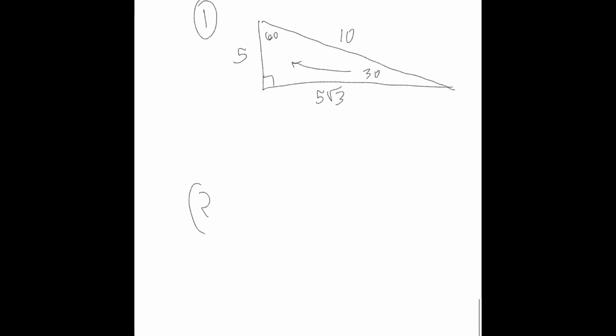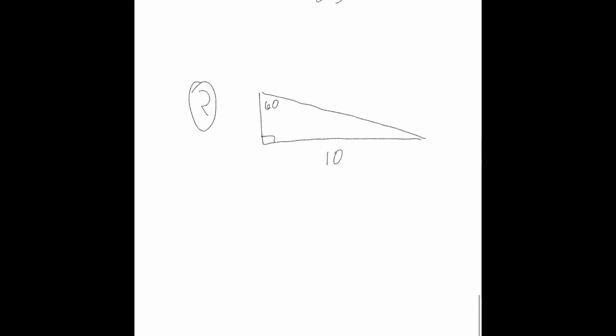Okay, let's say that you're given the side across from the 60 is 10. And you need to find the other ones. Well, you don't have the short side, you don't have the hypotenuse, but all I know is 10 is my short side times root 3.